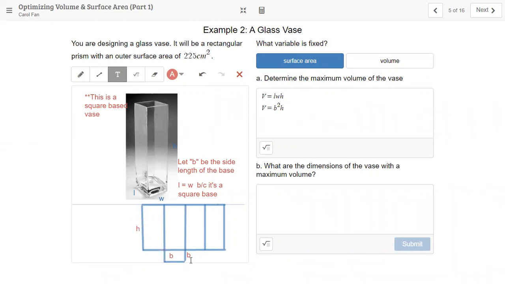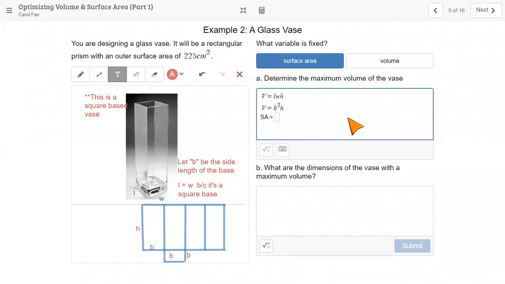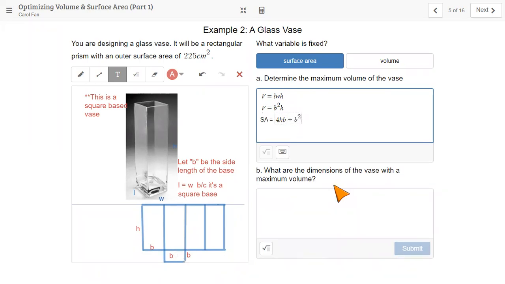So I have base, and then height and base again. So surface area is equal to 4 panels that are identical to this, h times b. And then I'm adding 1 panel that is b squared.